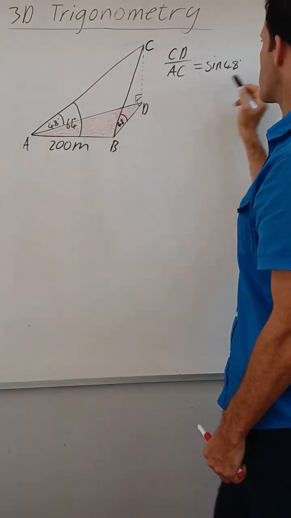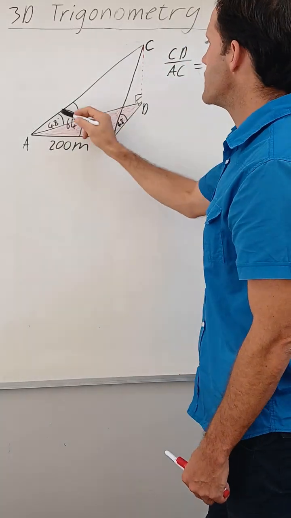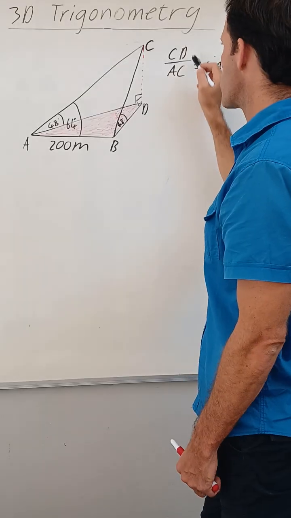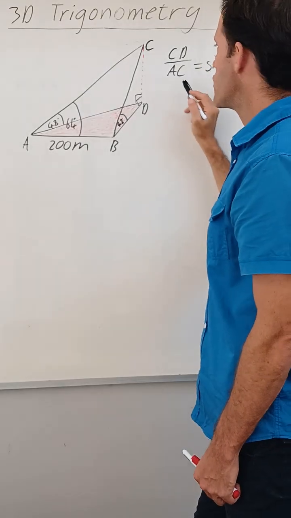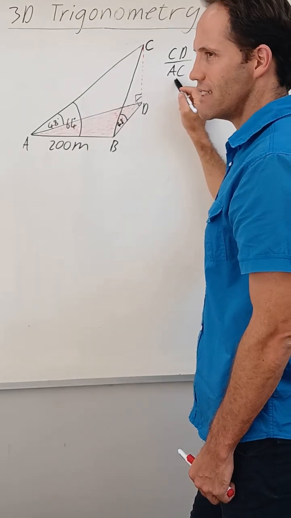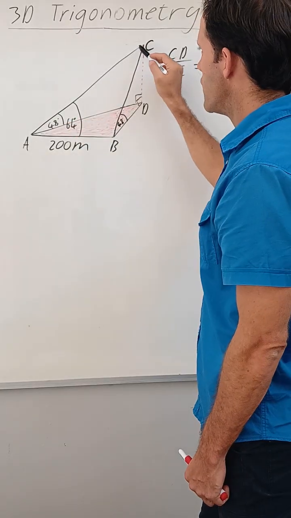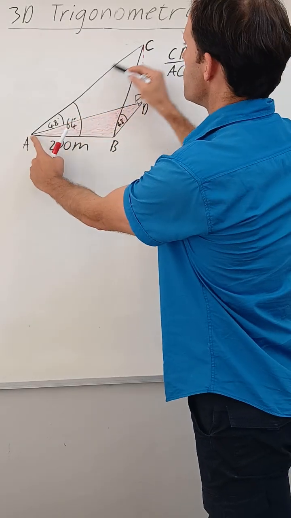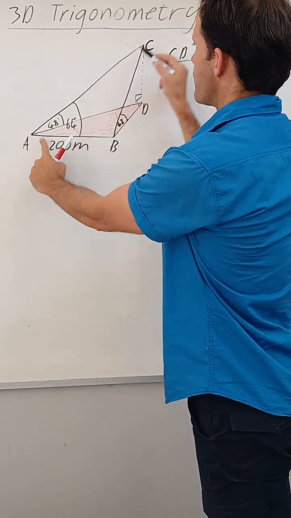After you put this first step in, CD over AC is sine 48, you get stuck because you don't know what CD or AC is. So you need to find out how to get AC. Now I need to zoom into this triangle over here.